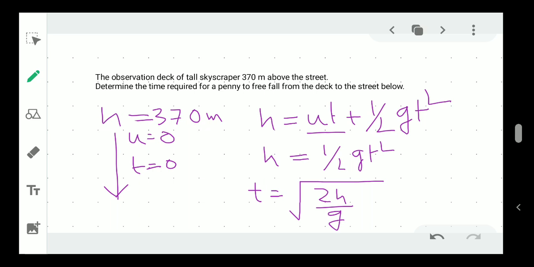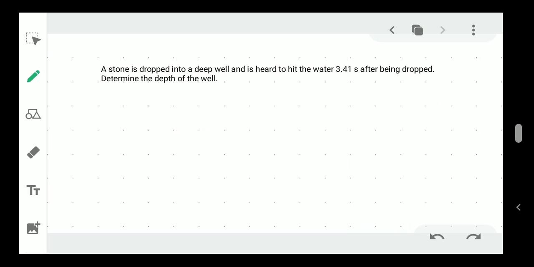So if you put all the values together, you will get 370 in the bracket. I'm taking the time because I'm calculating the things. So you will get 8.60 seconds almost. Okay, so this math is very important, because the next one I will tell you something.